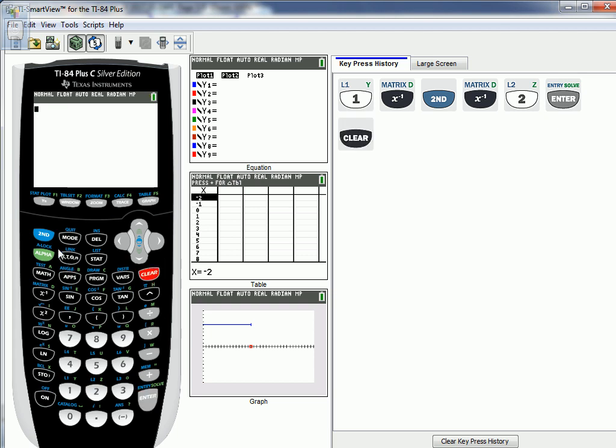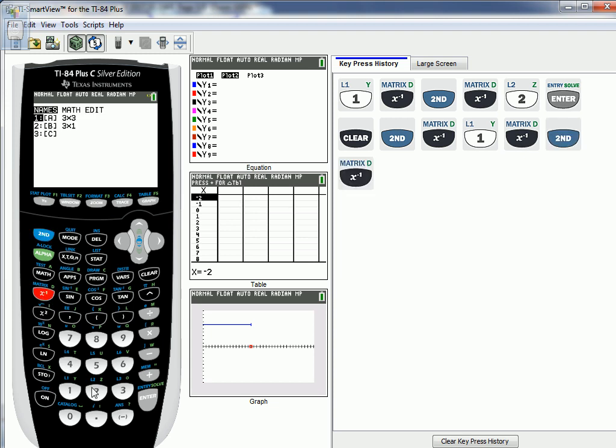Those of you that struggled, hit second and matrix. A is already entered, so just press 1. And then inverse, right here. Then start over, second matrix, and now 2, and enter.